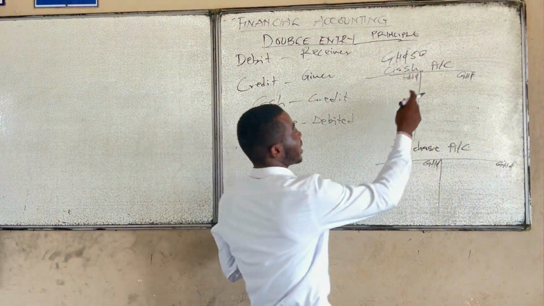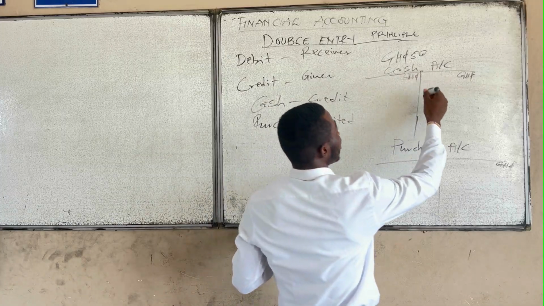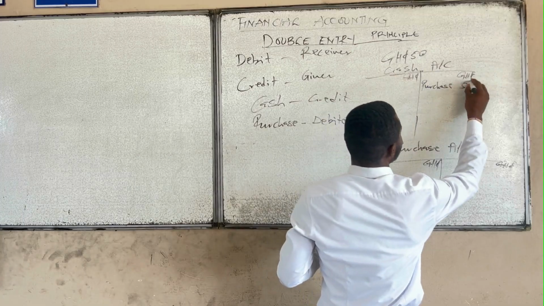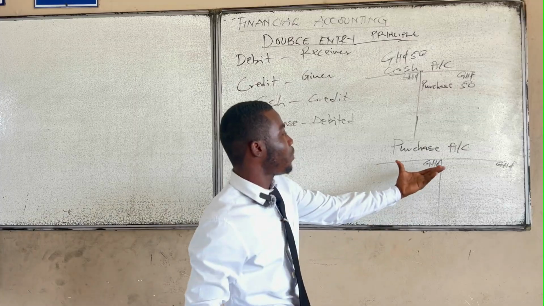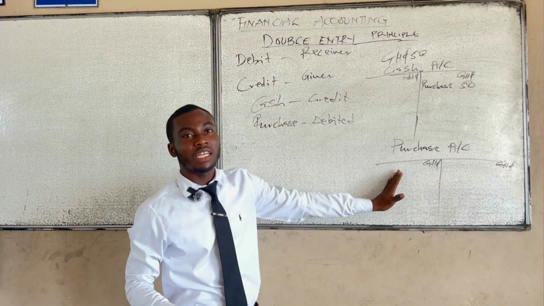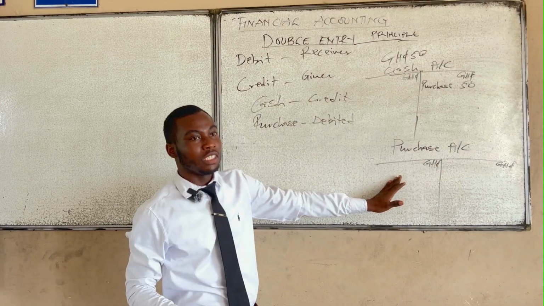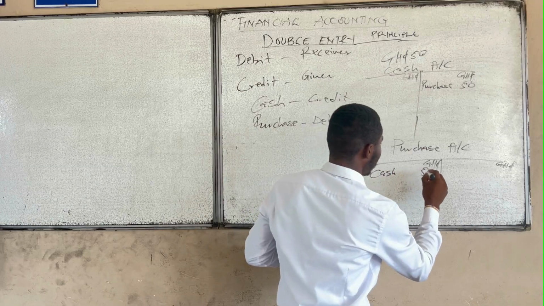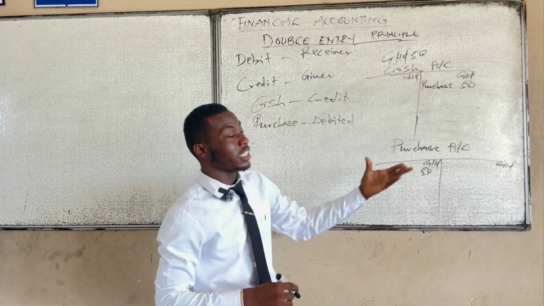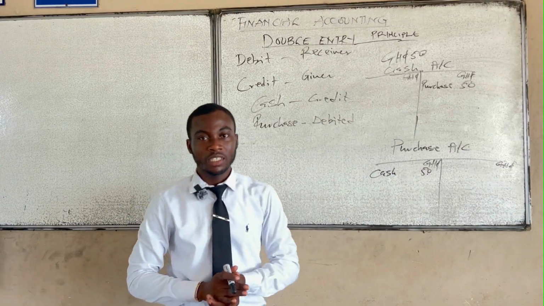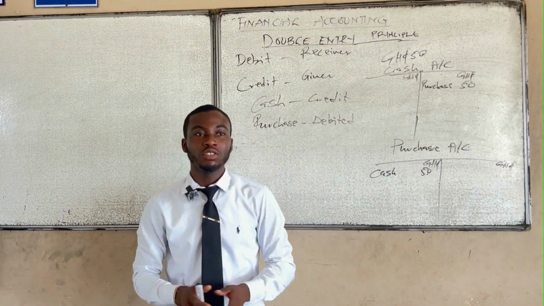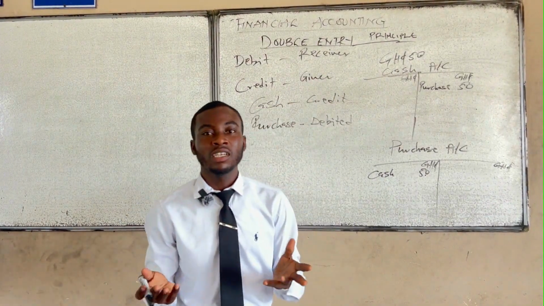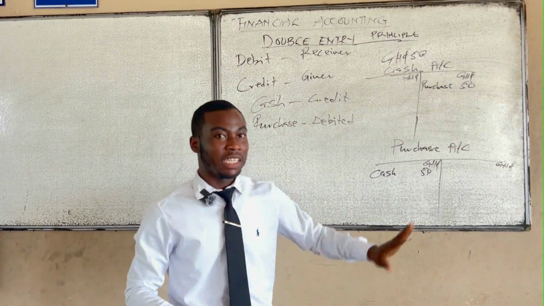On the credit side of the cash account, you record purchase with the amount of 50 cedis. Now when we come to the purchase account, you come to the debit side and record in the name of cash, 50 cedis. This is how double entry is recorded. When you hear about double entry, it means that each transaction in accounting must be recorded twice, and this is how it is done.